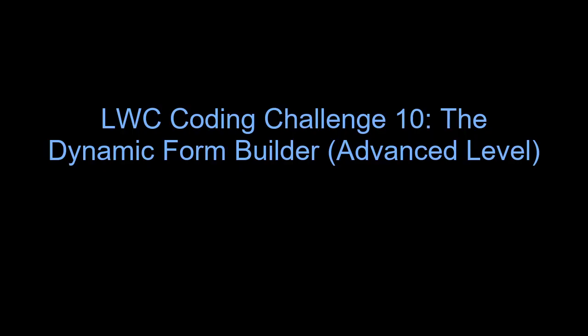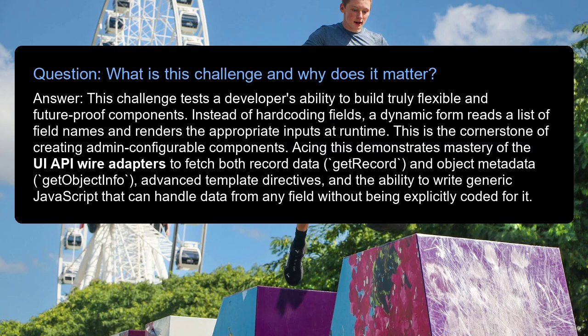LWC Coding Challenge 10, the Dynamic Form Builder, Advanced Level. Question: what is this challenge and why does it matter? Answer: this challenge tests a developer's ability to build truly flexible and future-proof components. Instead of hard-coding fields, a dynamic form reads a list of field names and renders the appropriate inputs at runtime.